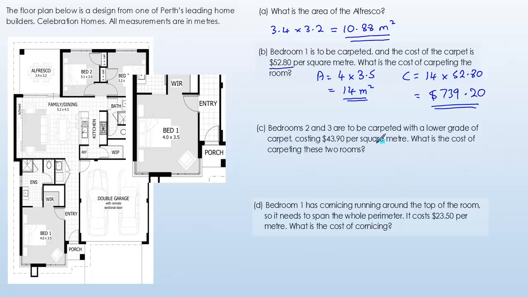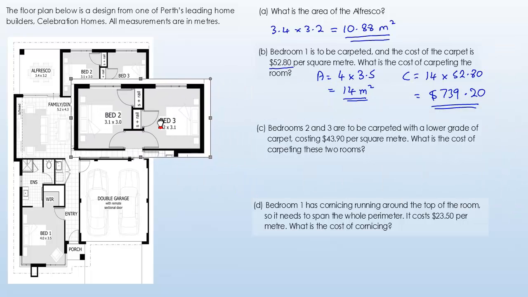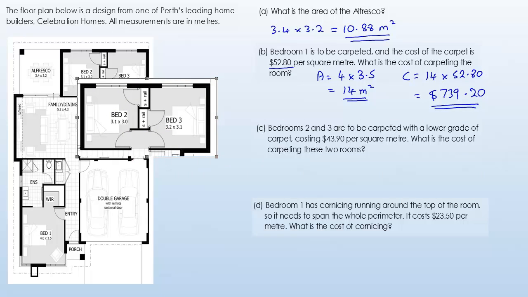Bedrooms 2 and 3 are to be carpeted with a lower grade of carpet costing $43.90 per square meter. What's the cost of carpeting these two rooms? So what we want is the total area of the two rooms. So bed 2 is 3.1 times 3, and then we'll add that to the area of bed 3, which is 3.2 times 3.1.